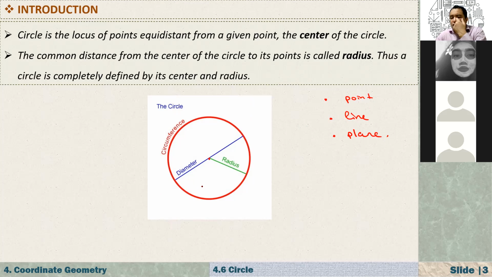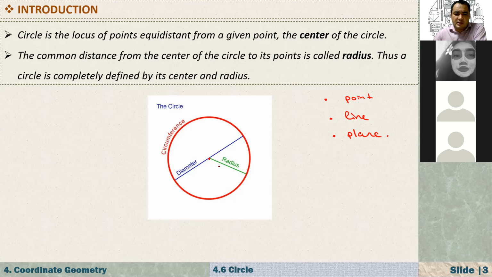Now, if you consider all the points in this plane which are equidistant from this point, that is the red part. Here we have a collection of infinitely many points, which is why it looks like just a line. Those points give us a circle. So what is a circle?